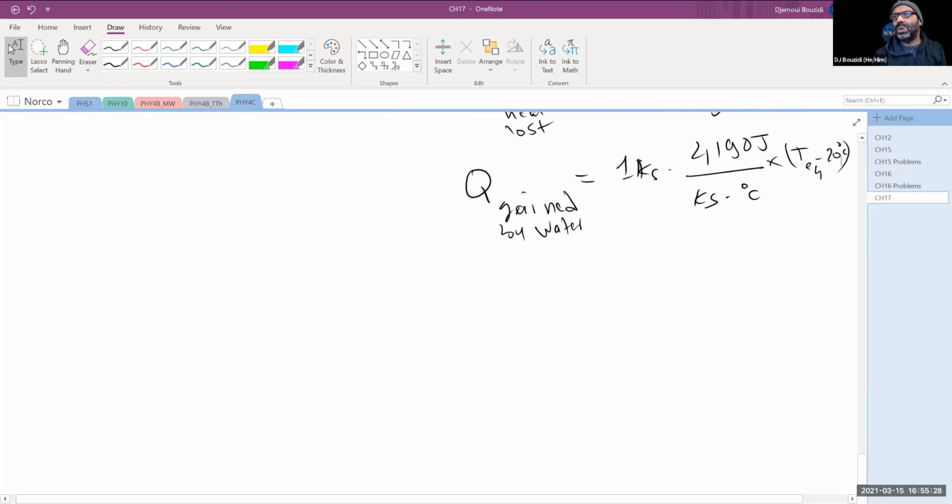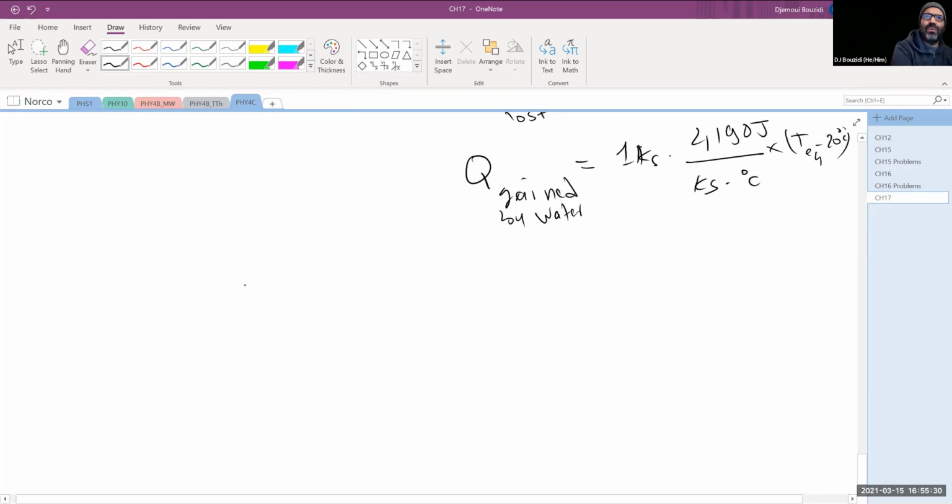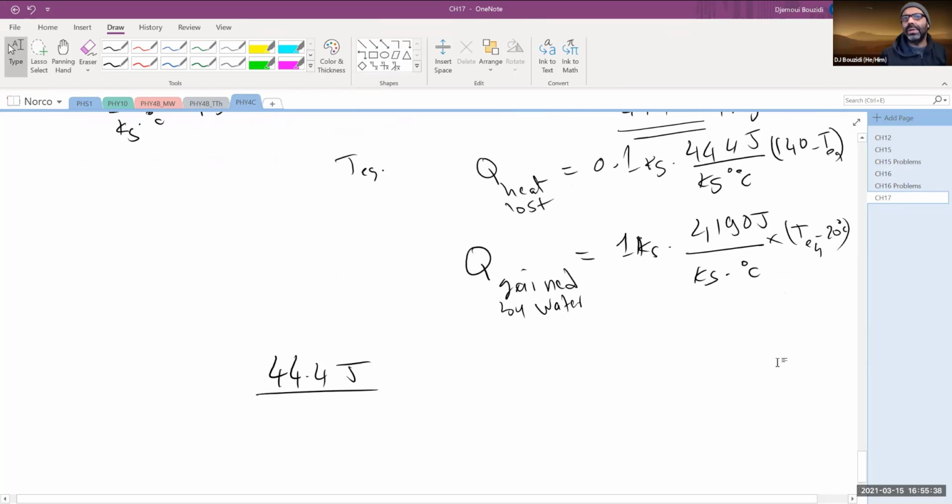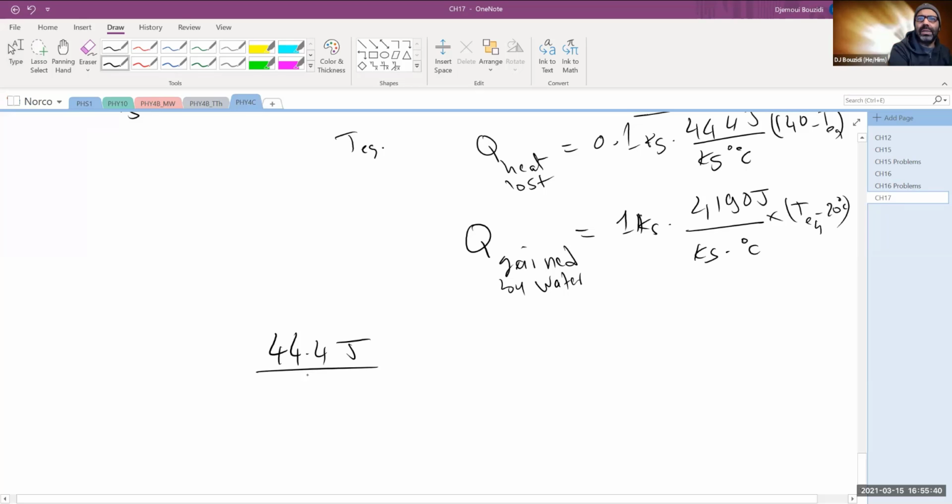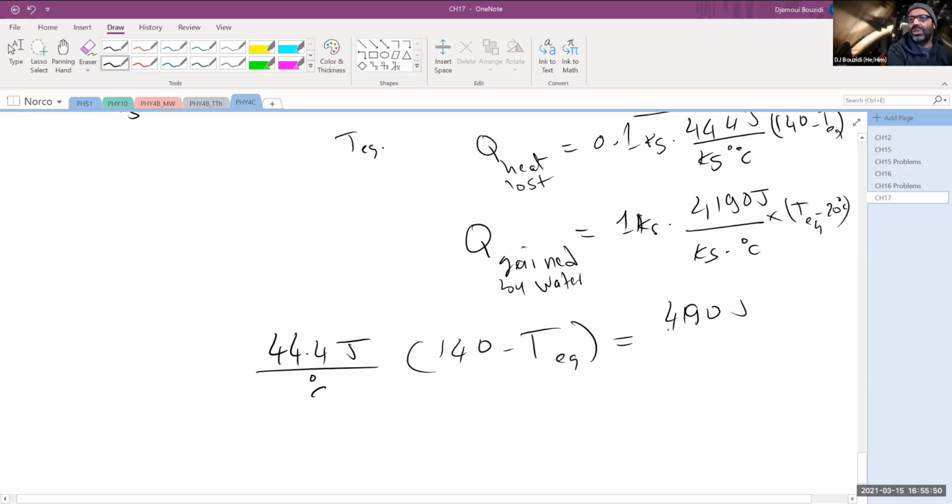So if I equate these two quantities, I say 0.1 times 444, which is 44.4 joules per degree Celsius, since kg canceled kg, times 140 minus T equilibrium, is equal to 4,190 joules per degree Celsius times T equilibrium minus 20 degrees Celsius.